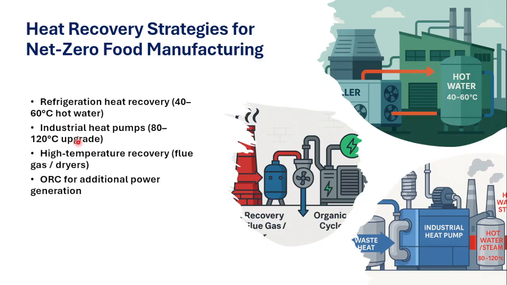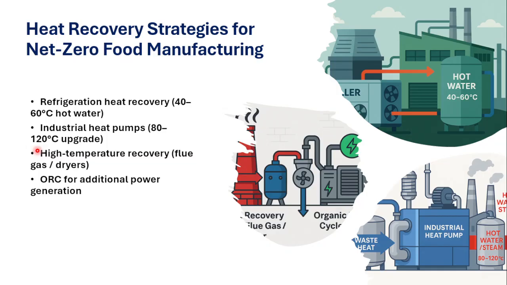To use this low temperature heat better, a heat pump can also be added. Heat pumps can increase the temperature to about 80 to 120. It means that after we recover the heat and the hot water is produced with a temperature between 40 to 60, we can use the industrial heat pump to increase it to between 80 to 120.